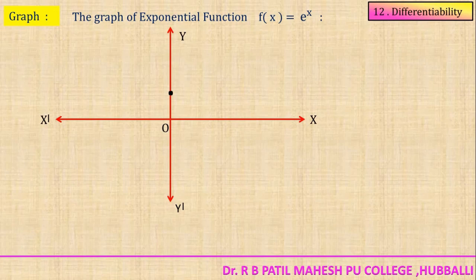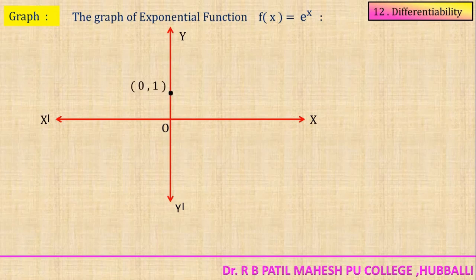One more point before drawing the graph: whether it is the natural exponential function, the common exponential function, or any other exponential function with a base other than 10 and e, for x value 0, any number raised to 0 is 1. That means for x equal to 0 the function value is 1, so the graph always passes through the point 0, 1.